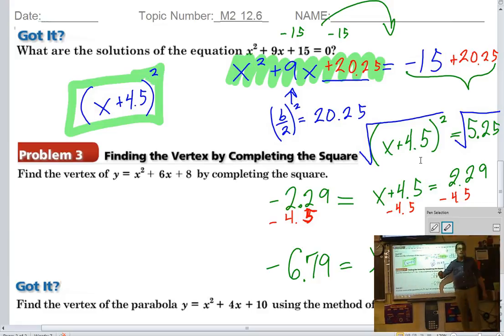So we think about, well, if I need this constant to be half of my b value, because remember your outer and your inner are always really just going to double if they're the same, if it's a square binomial, then this value would have to be that constant squared, because your last does the constant times the constant. So if my left side was a perfect square trinomial, that would have to be 20.25.